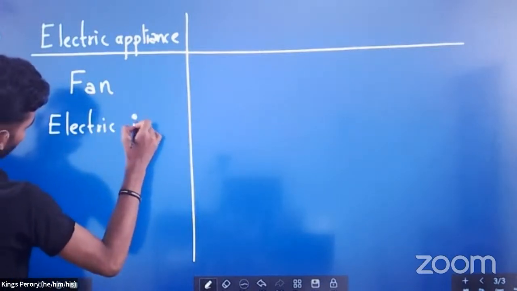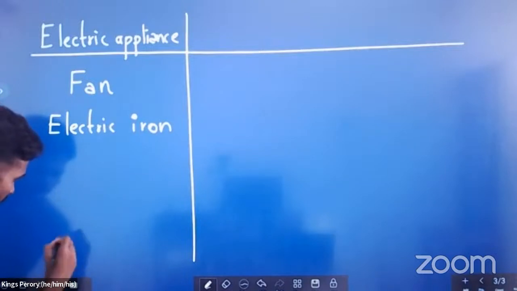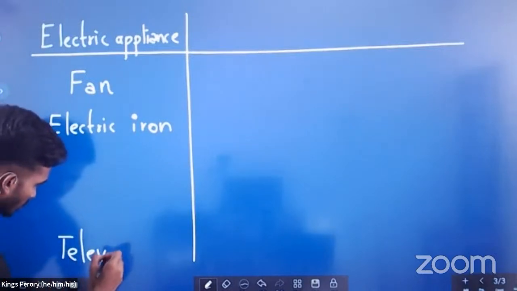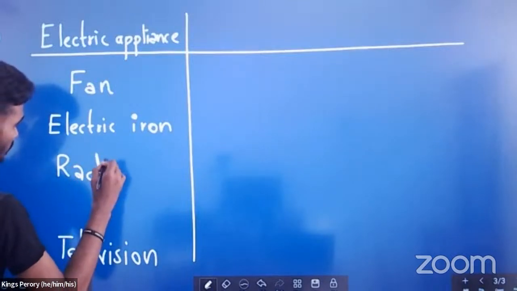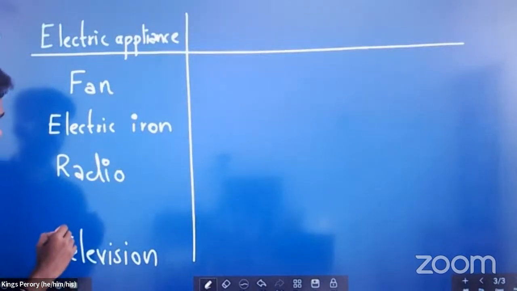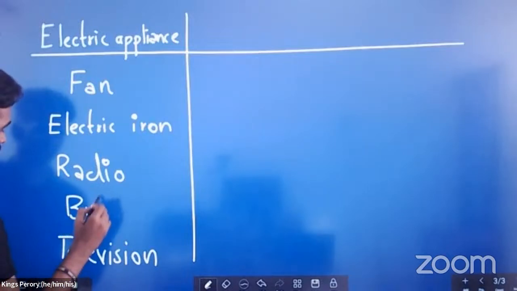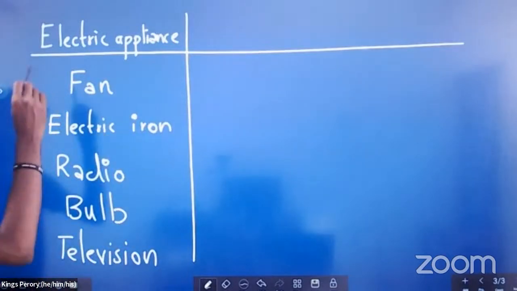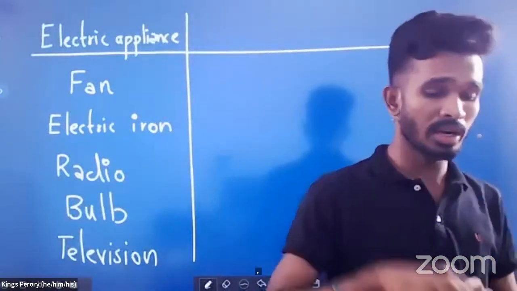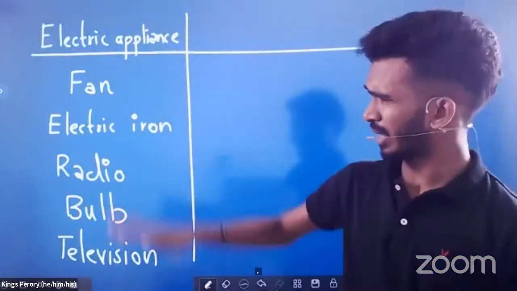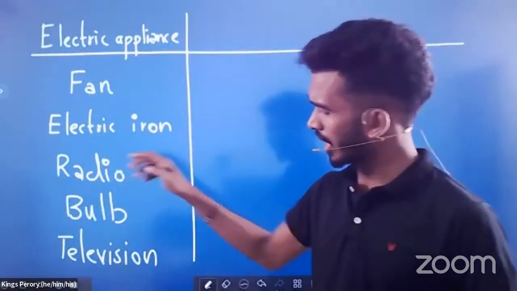Someone told television. Radio, perfect. What else? Light, torch, bulb. So these are some electric appliances in your houses. Very good. Phone, laptop. I need about 5: fan, electric iron, radio, bulb, television.